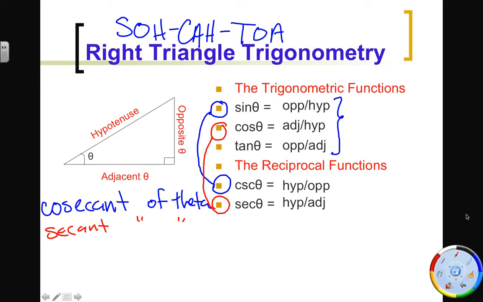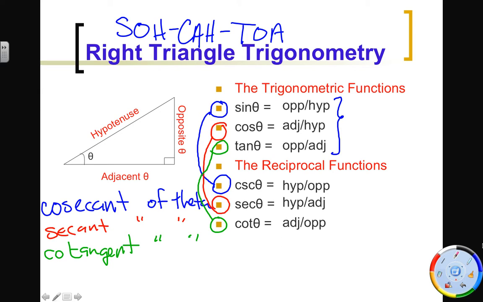So this is hypotenuse over adjacent. And then the last one we have is COT. This is cotangent of theta. And obviously that means cotangent has to be the reciprocal of tangent. And we get the reciprocal of tangent being adjacent over opposite.